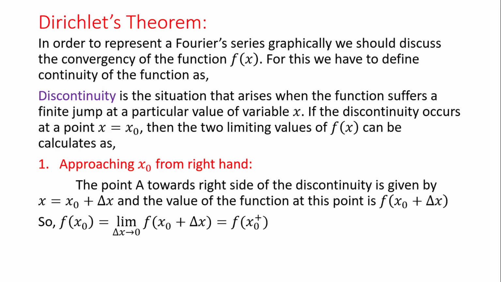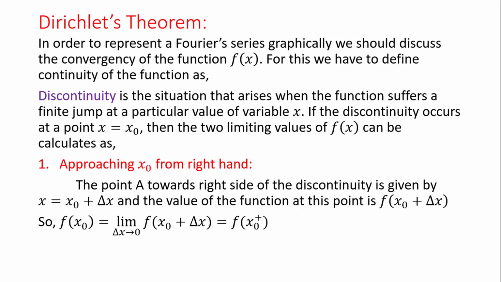Then for a particular value of variable x, say x0, if discontinuity occurs, function becomes discontinued for x equal to x0, then it is said to be a finite jump at x equal to x0.